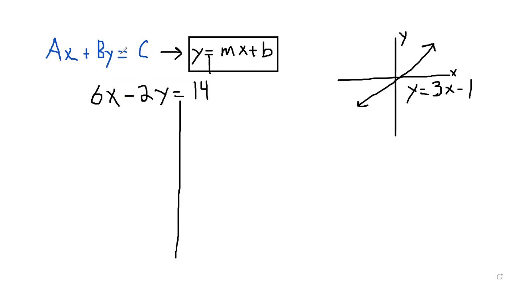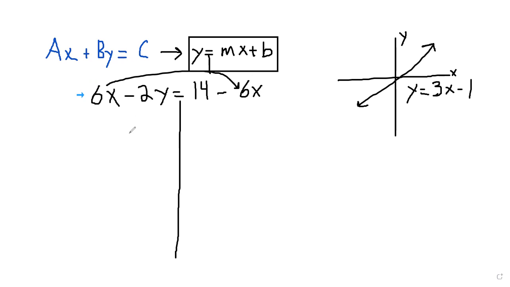Now in our equation here, we have this 6x and -2y. We have a whole bunch of stuff on this side of the fence and just a 14 on that side. So we've got to move the 6x over here. So it's going to jump the fence and come over here. Now remember, when it jumps, it changes its sign. So over here, it's a positive 6x. So over here, it's going to be a -6x.